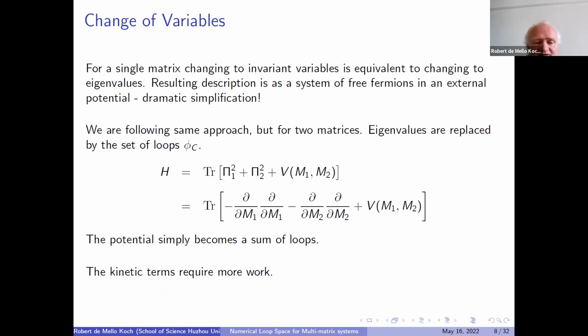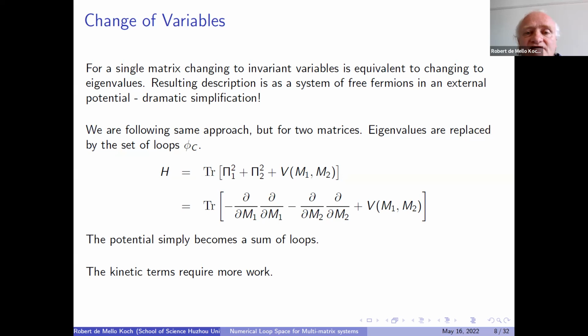Okay, so now let's talk about the change of variables. Just a word on motivating the change of variables. If you are studying a single matrix system and you decided to express things in terms of invariants, the invariants in that case are simply the eigenvalues of the single matrix. And it's well known that you can solve the dynamics of single matrix quantum mechanics exactly, and you do it precisely by changing to the eigenvalue variables.